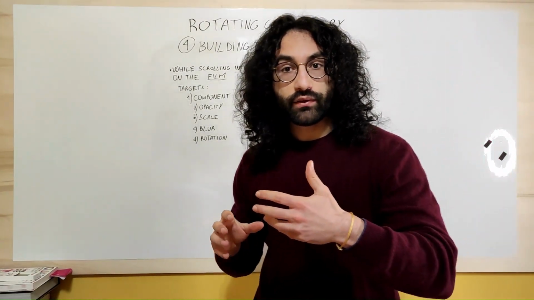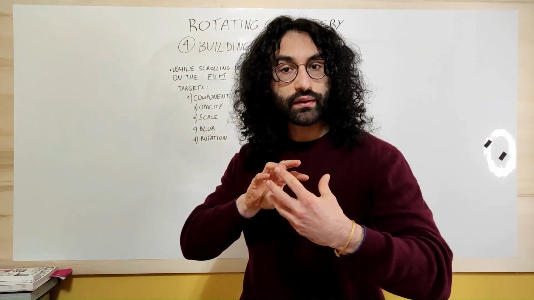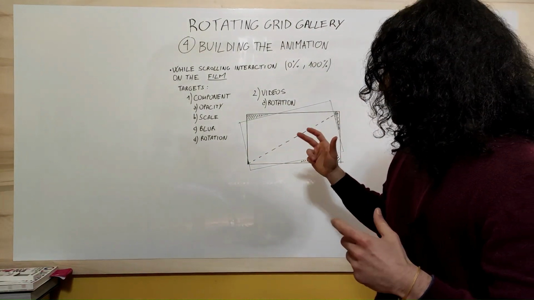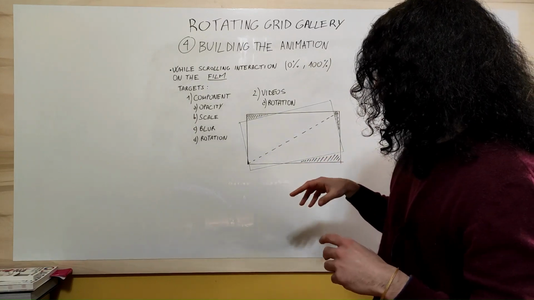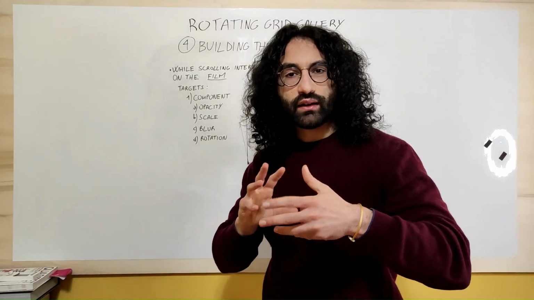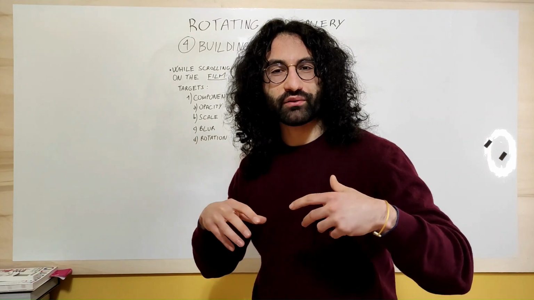We said that if the video wrapper is rotating clockwise, the video needs to rotate counterclockwise, but this would lead to a situation like this where we have these dark areas, and we would end up in a situation where the rectangle would look like a weird polygon instead of a perfect rectangle.